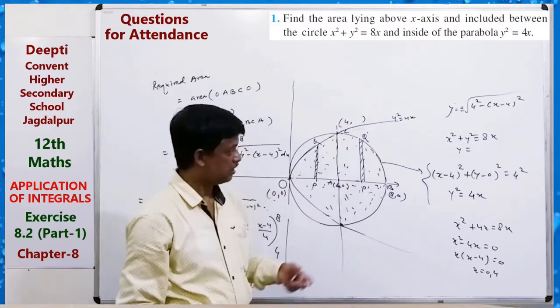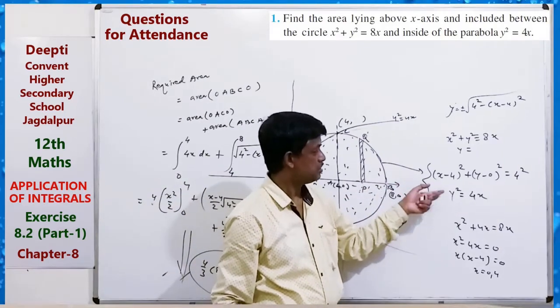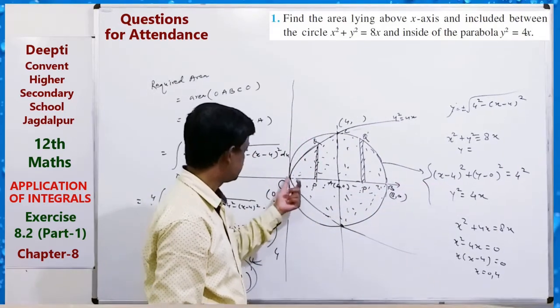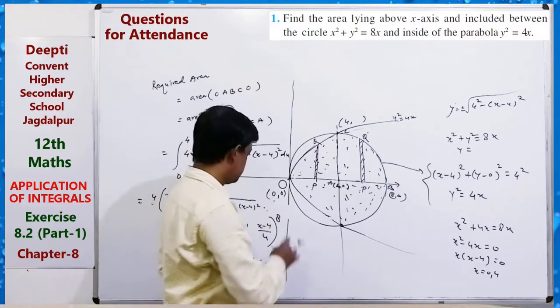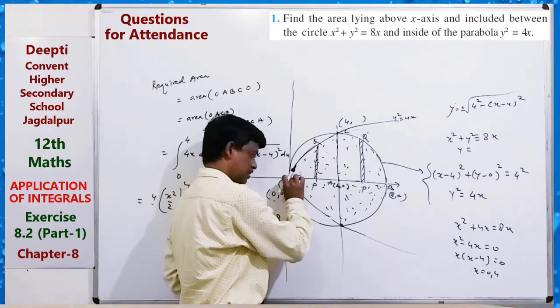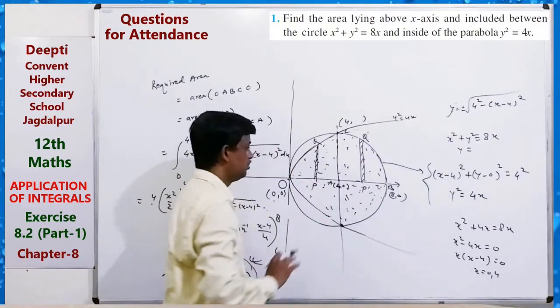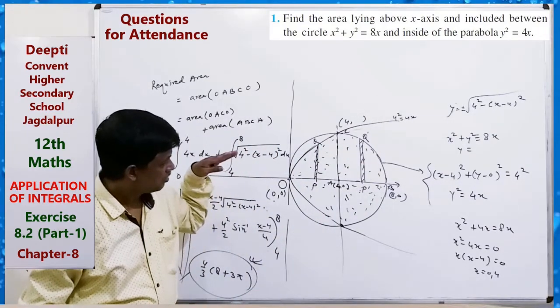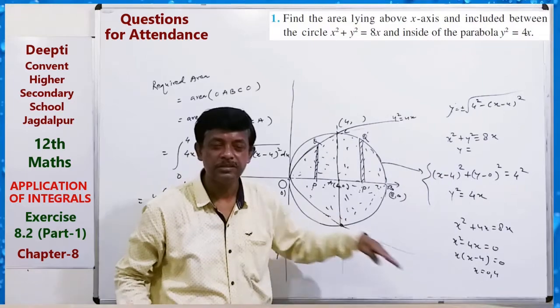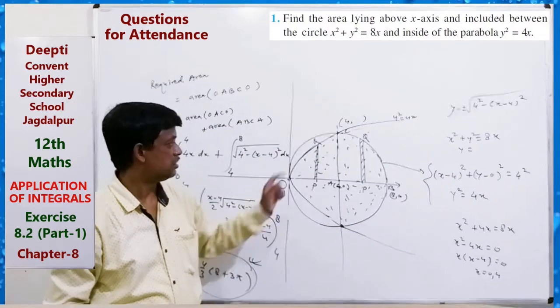But here by solving we see that they intersect at 2 points, at 0 and also at 4, so the parabola will be drawn from inside of the circle. So this is the diagram.